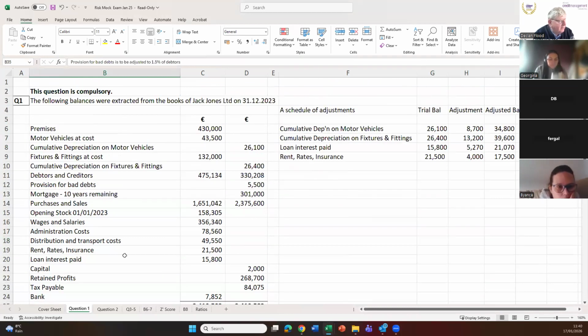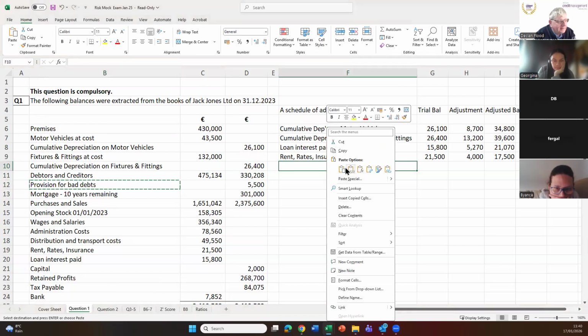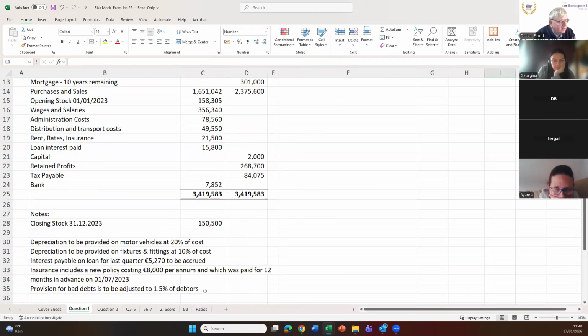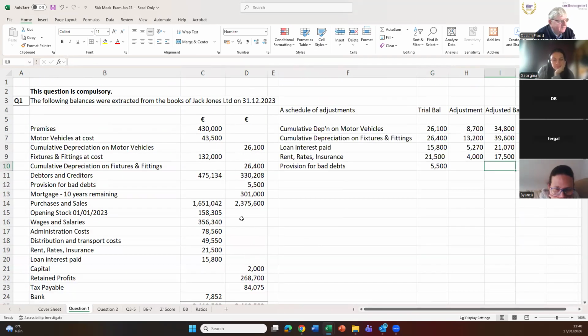So let's see, what do we have for our bad debt provision? There's provision for bad debt. So copy. My provision for bad debts is 5,500. That's grand. We know what it's to be adjusted to: 1.5% of debtors.